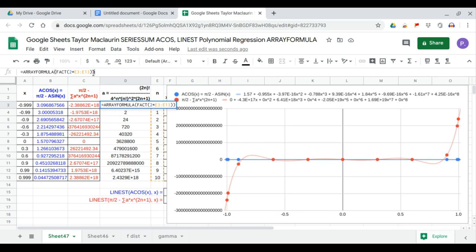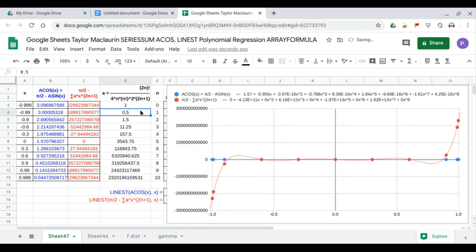Next, we enter the denominator. The denominator will be all over 4 to the power n. That's the first part because there are three parts of the denominator.